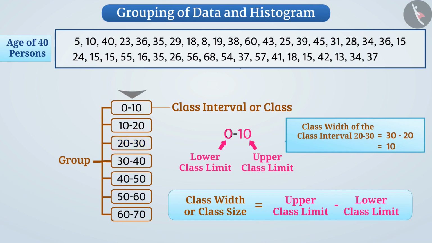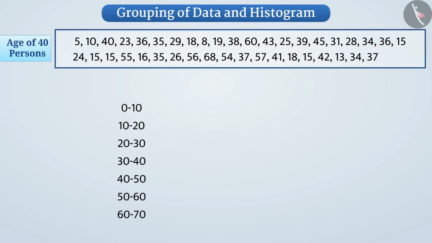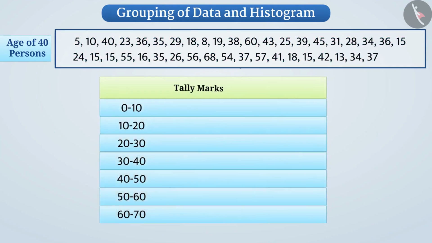Similarly, here the class width of all intervals is 10. Now we will represent the numbers in the table in the form of tally marks. Here the observation 5 is included in the class interval 0 to 10. So we will represent it in the table by making a tally mark in the row 0 to 10.